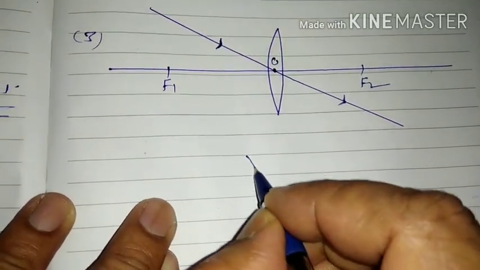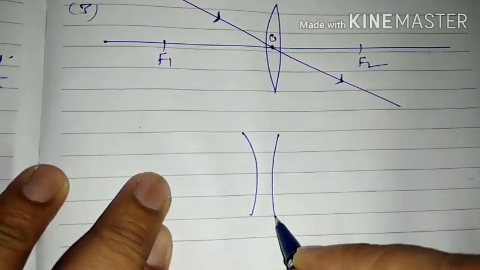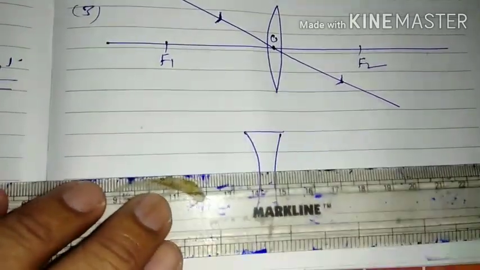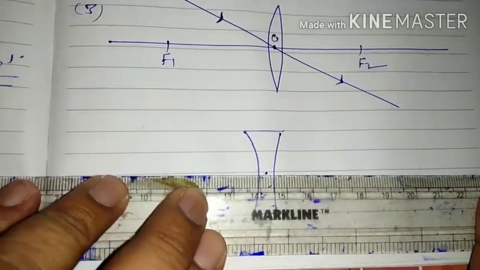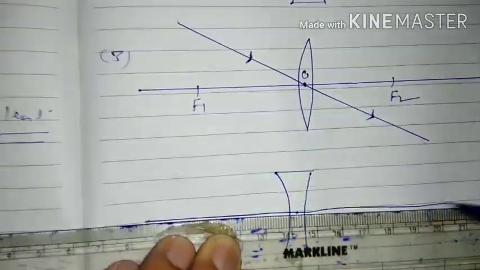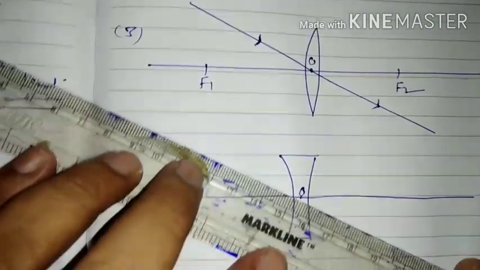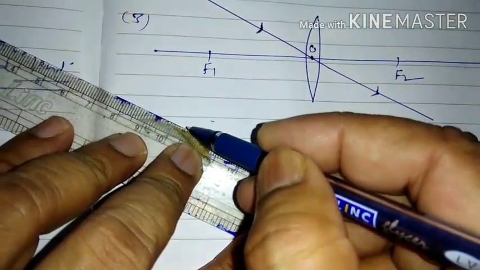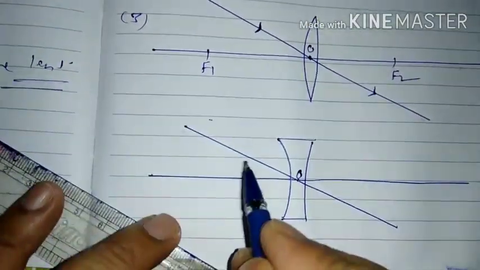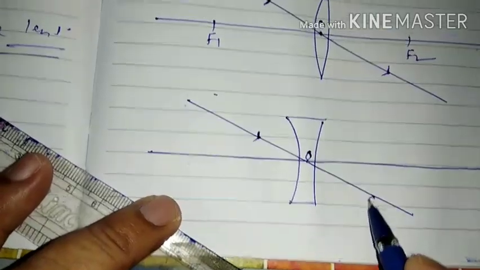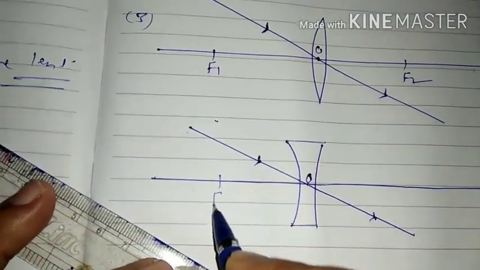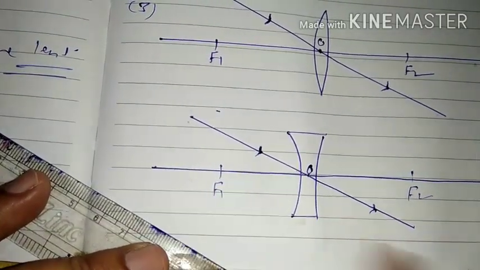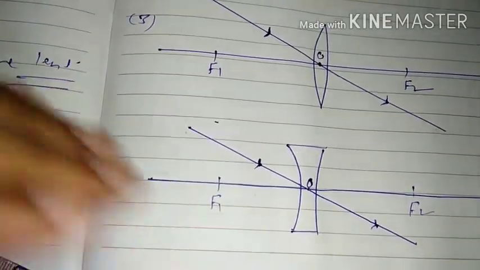Now see the case of the concave lens. Suppose this is our concave lens, this is the optical center, this is our principal axis. Here also, in the case of a concave lens, if rays of light pass through its optical center, then there is no change in the path of light, and rays of light move on their original path in one direction.